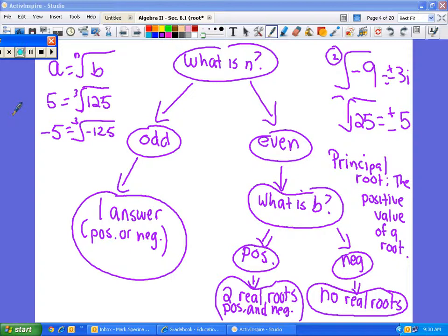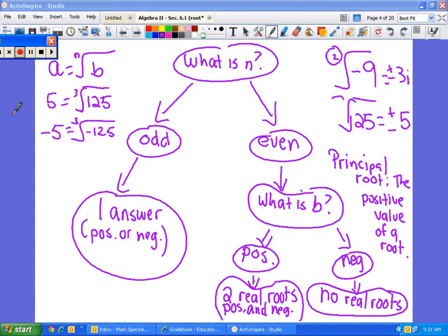On the other hand, if my index is even, then we have to go to a secondary level of questioning, and that is, what is the radicand? What is the value of the number under the radical sign? Is it positive or is it negative? If it's negative, that means we don't have any real roots.